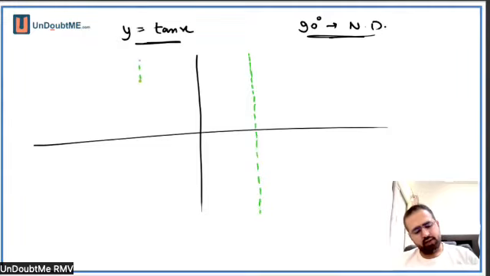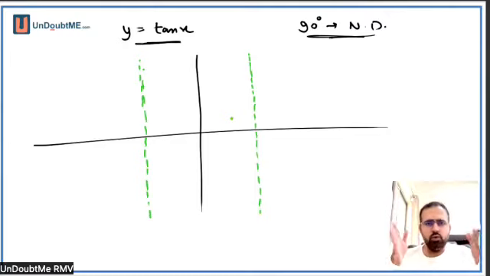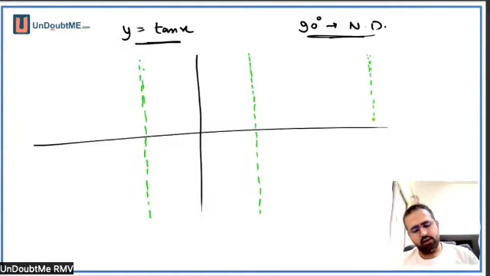I will draw minus 90 also. Since the interval between two green lines is 180 degrees, my next green line will fall at 270 degrees, not 360.